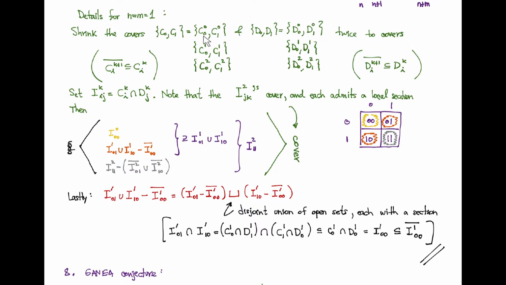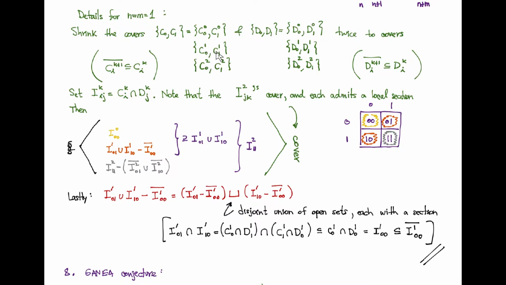And what I need is, this is an open covering of vertical spaces, and this is an open covering of horizontal spaces. And each of them I'm going to be shrinking twice. I'm going to take another cover so that the closure of this is contained here and the closure of this is contained here. This is something from general topology that you can do under nice conditions.